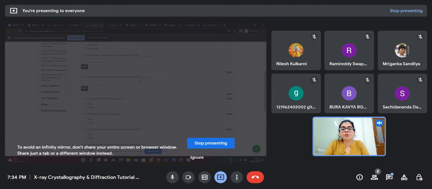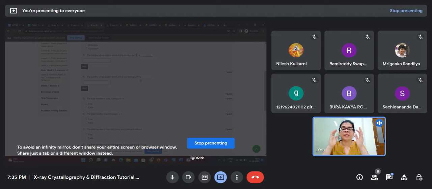The point group 2/m is in the monoclinic crystal system, where we consider the b axis as the unique axis. So here, if we elaborate the point group 2/m, it says the twofold axis is parallel to b, and m will be perpendicular to the b axis.